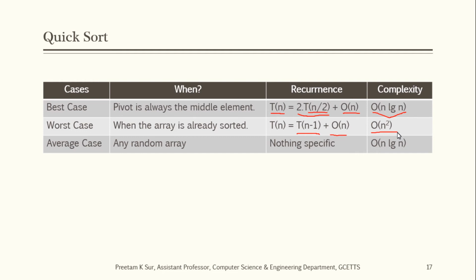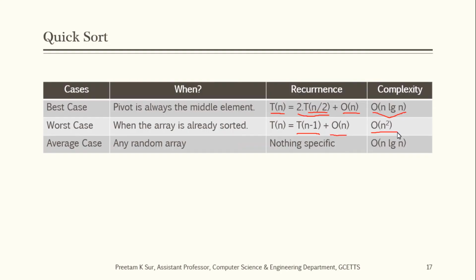Coming to the average case, any other random array is the average case. You can find out the average case time complexity using two unequal partitions like 1 by 10 and 9n by 10, or in a way that a best case happens, then a worst case happens, a best case happens, and the worst case happens, like that.